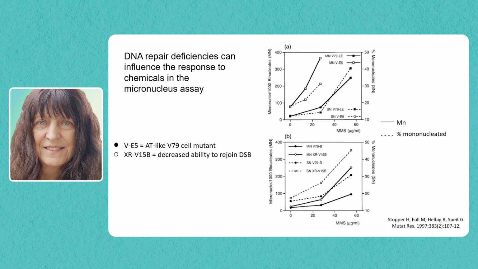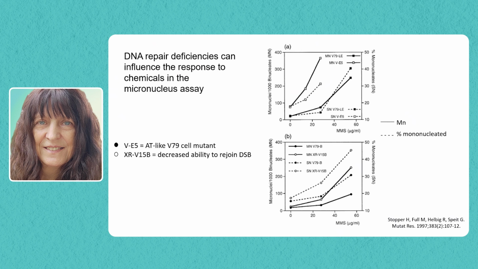What may be also important to mention is that DNA repair capacity can influence the results in the micronucleus test. These are old results, but it shows that difference nicely. These are control cells, the lower solid line, and here also control cells, and these are cells derived from those, but with a repair deficiency.